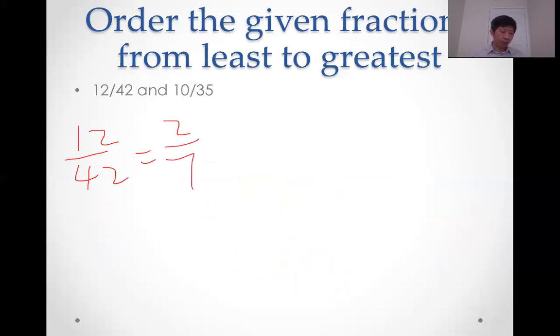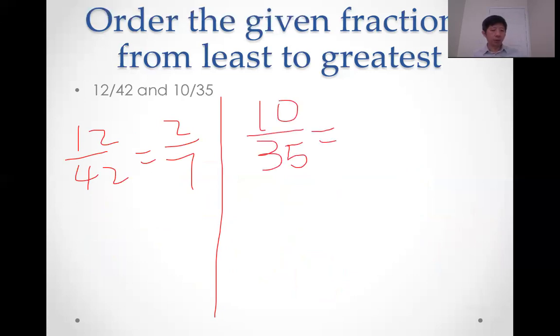Now what about 10 over 35? So therefore, we have 10 as 2 times 5 for this, and 35 is actually 5 times 7, okay?